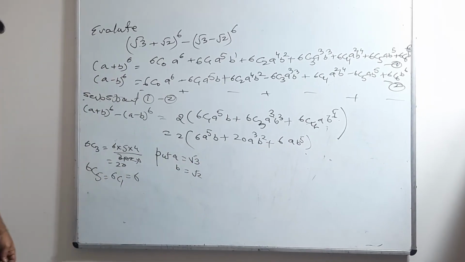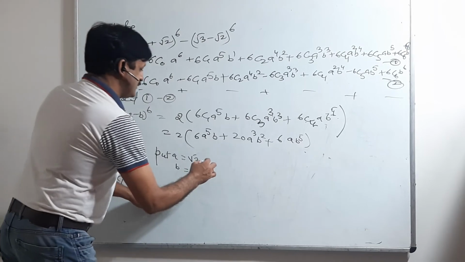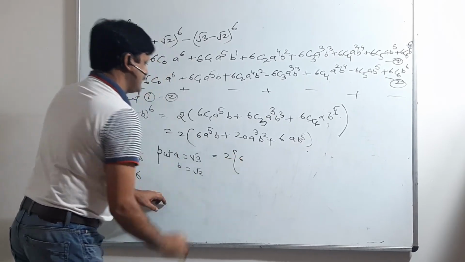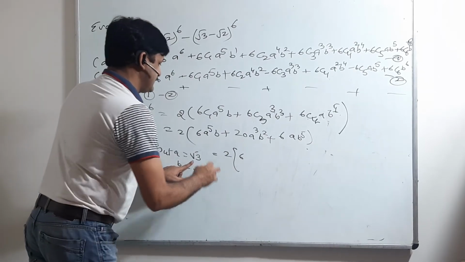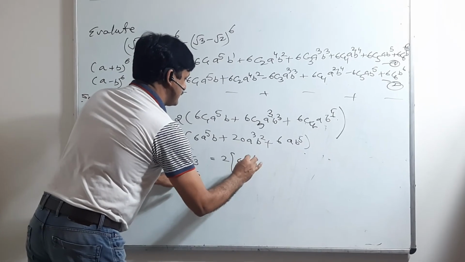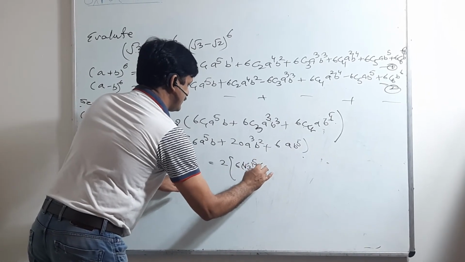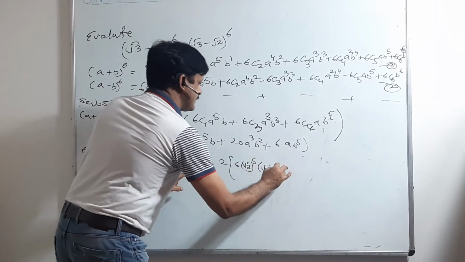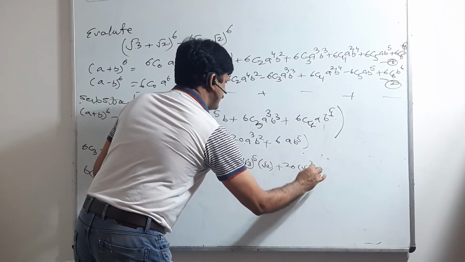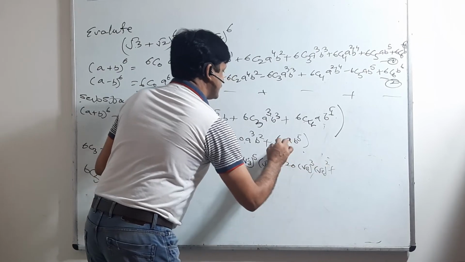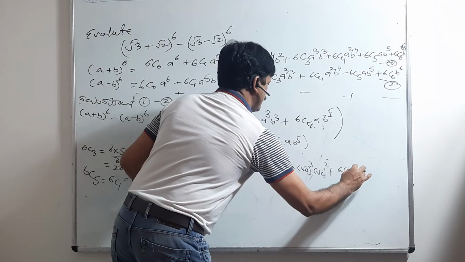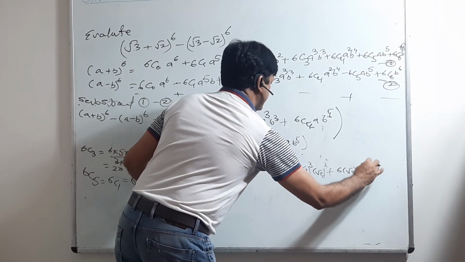This becomes 2 times 6 a to the power 5, a to the power 5 means root 3 whole power 5 into root 2, plus 20 root 3 power 3 root 2 power 3, plus 6 root 3 into root 2 power 5.